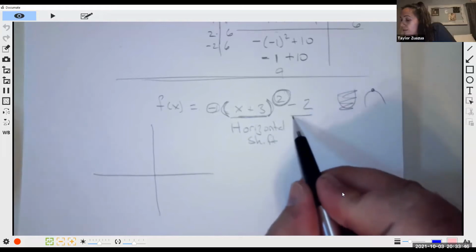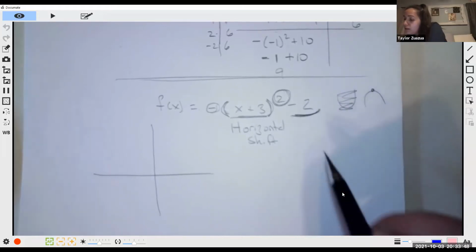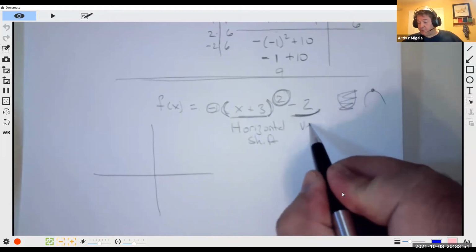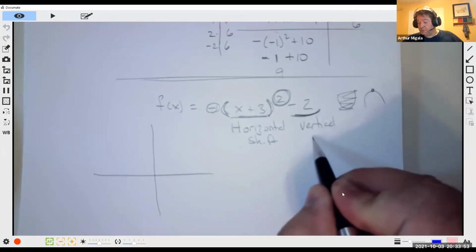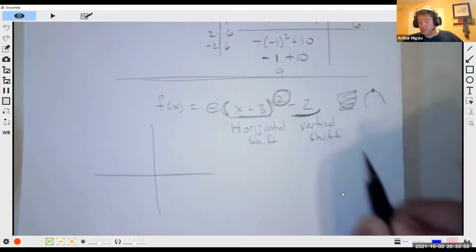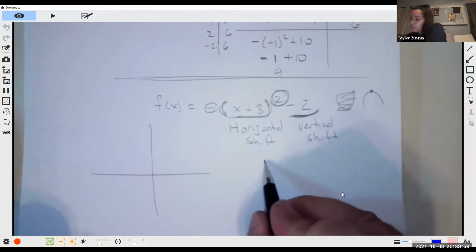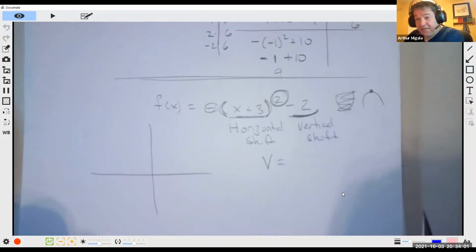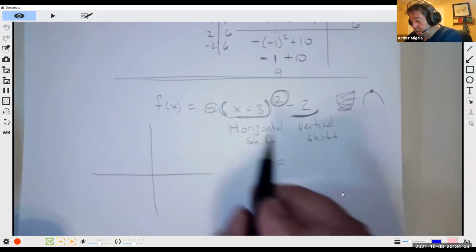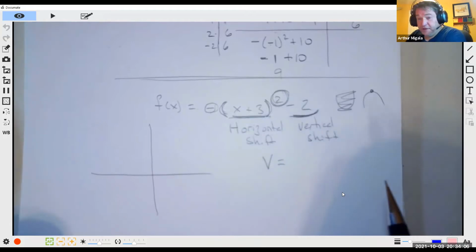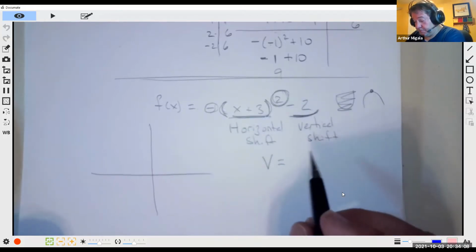And whatever the constant is called the vertical shift. So the vertex, the highest point, how far do we move left or right for the x value?